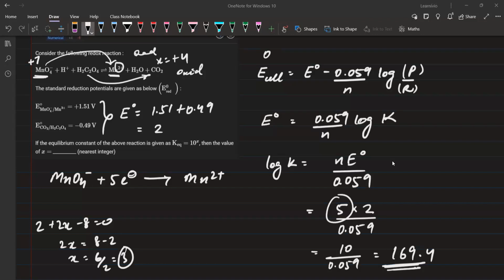See, 5 electrons will be there. I think, let me just recheck this. H plus is still H plus here. There's no change in H plus. Maybe I'm wrong. Okay. But C2O4 is minus 8. 8 will go that side. 8 minus 2, x is equal to 3. Yeah, 5 electrons will only be there. Okay.